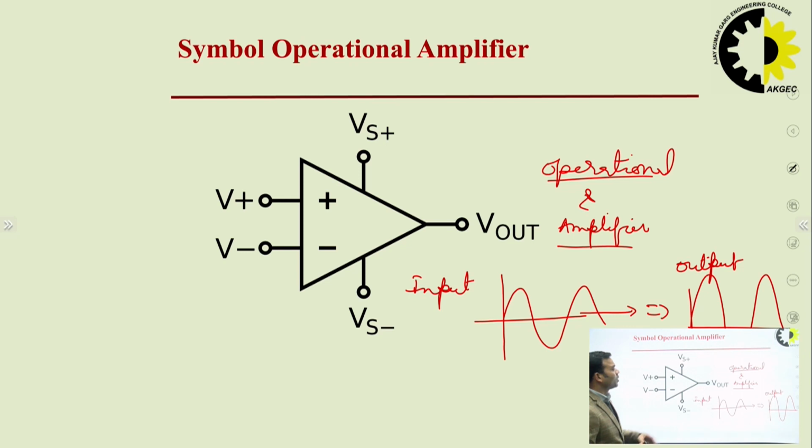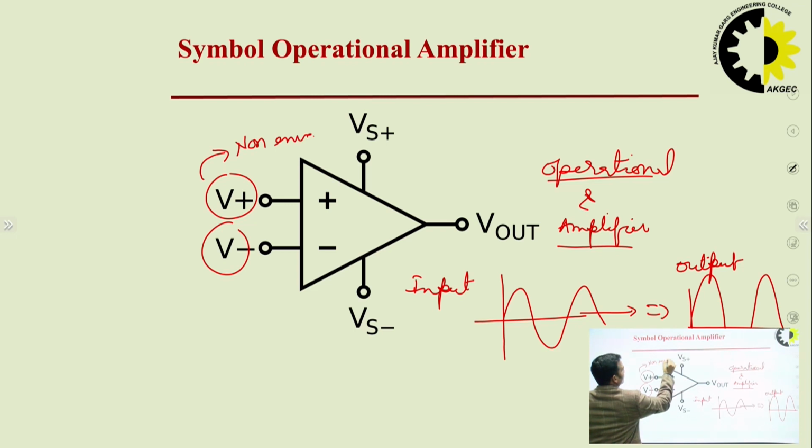And this is the symbol of operational amplifier. And you can see here there are two inputs. One is V plus, V minus. V plus is called non-inverting input. And V minus is called inverting input.